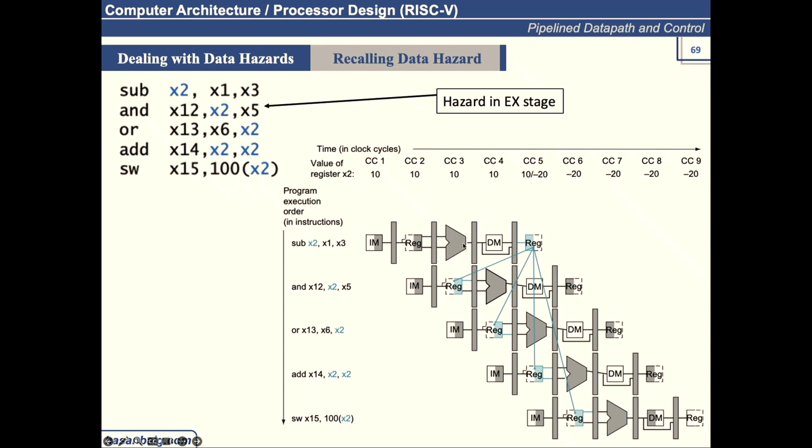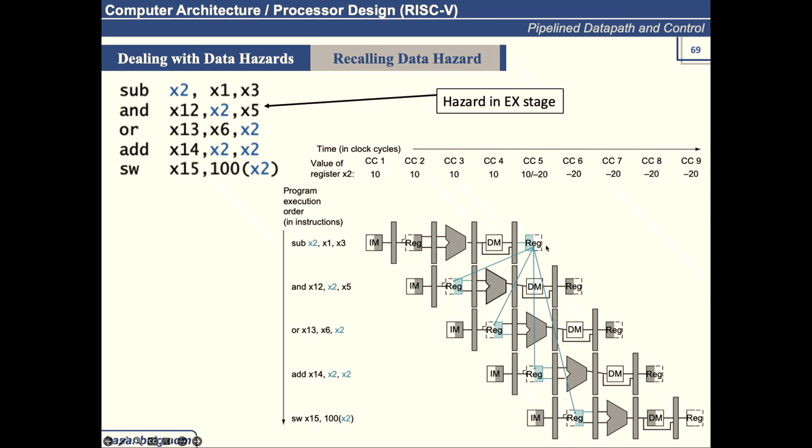And when this data will be updated in clock cycle number 5, this instruction will write this updated value x1 minus x3 into x2 in clock cycle number 5, right? But we are running the next instruction in the pipeline architecture. So by the time this instruction fetches the value from the register file, that value of x2 may not be an updated one because it is not yet written. Okay? Because we are fetching the value in clock cycle number 3. However, the first instruction will be writing in clock cycle number 5.